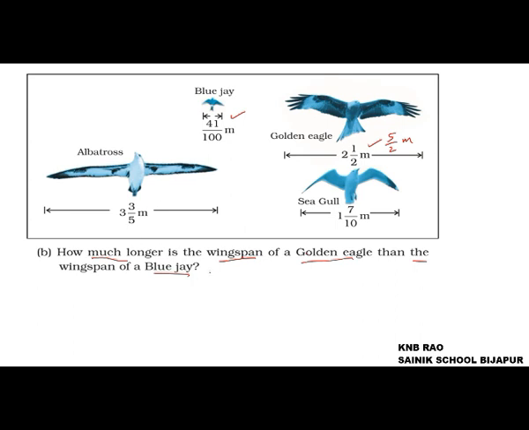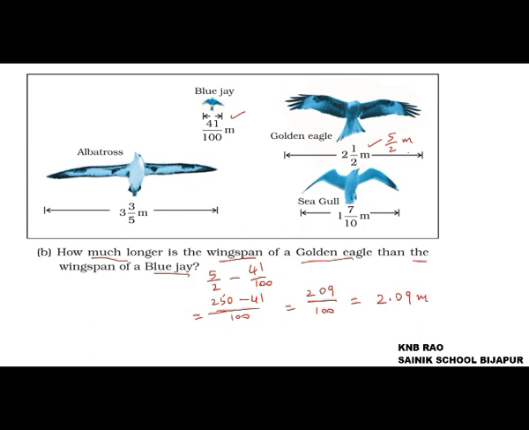So 5 by 2 minus 41 by 100. LCM is 100. So 2 goes into 100, 50 times. 50 fives are 250, minus 41, which is 209 upon 100, which is nothing but 2.09 meter.